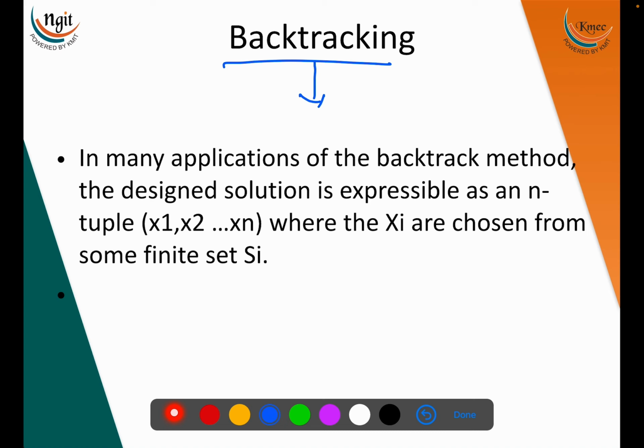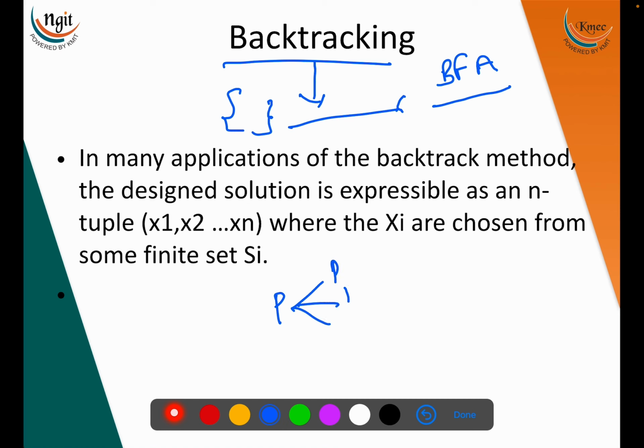Many problems which deal with searching for a set of solutions, or which ask for an optimal solution satisfying some constraints, can be solved using backtracking formulation. So this strategy uses brute force approach, and it says for any given problem you should try out all possible solutions and pick up one desired solution. This is what brute force approach is.